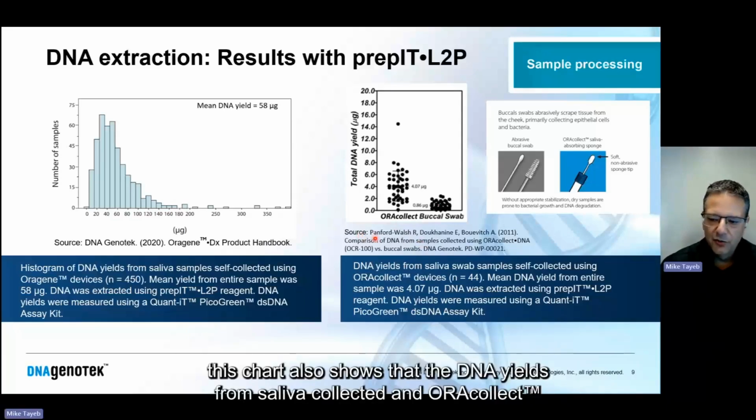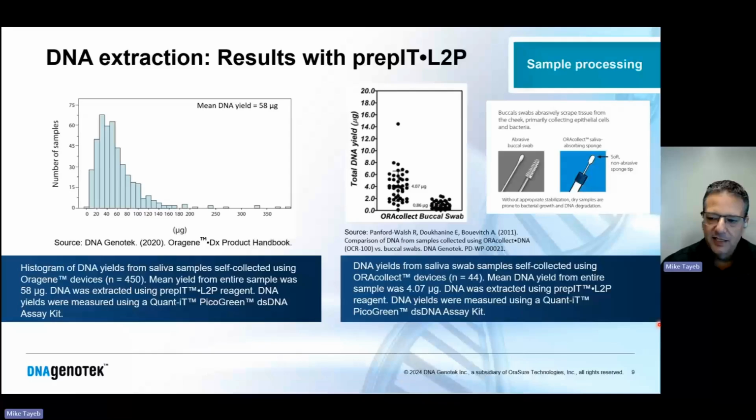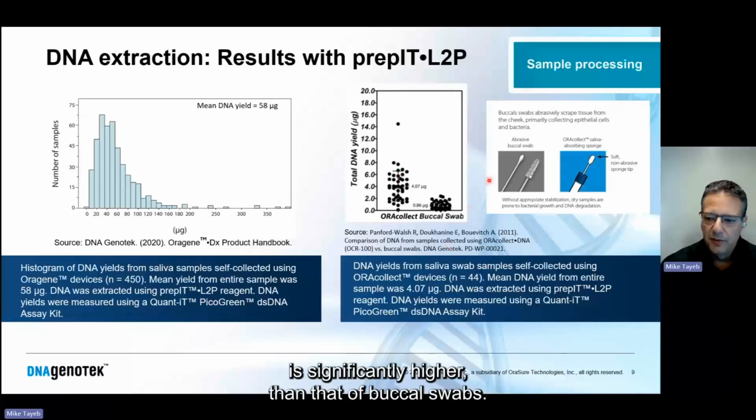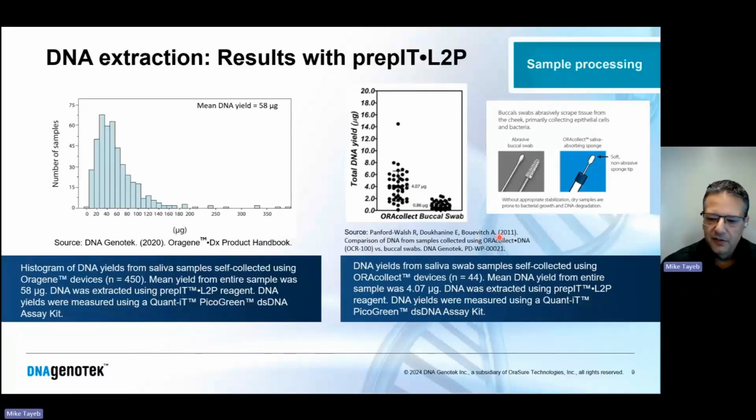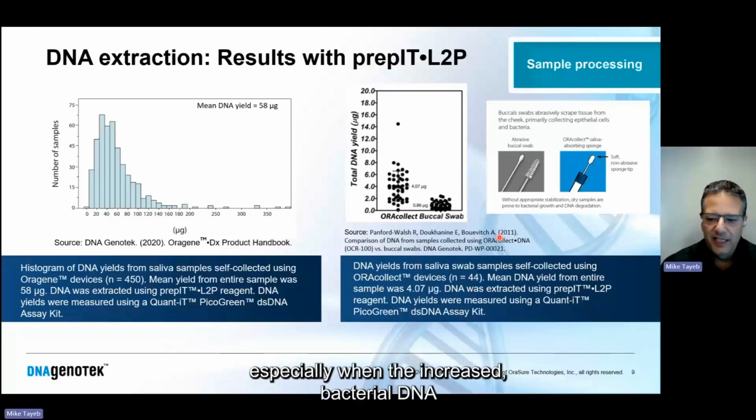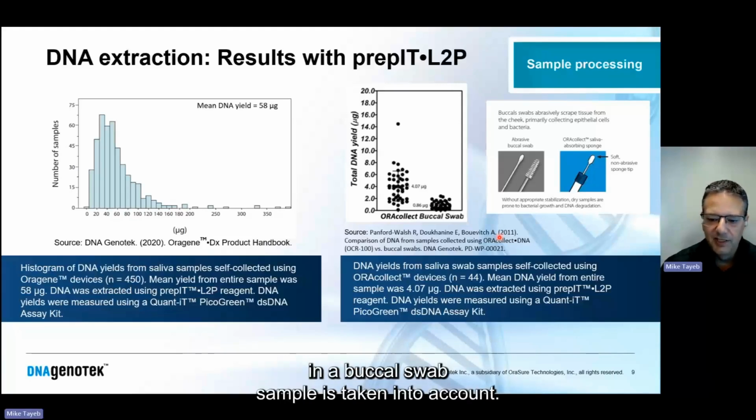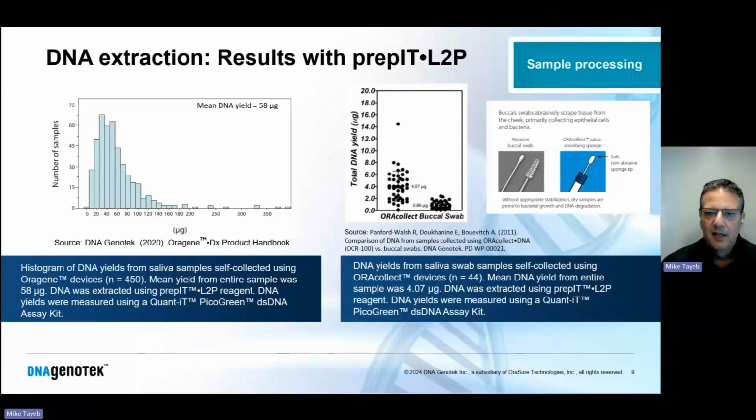This chart also shows that the DNA yields from saliva collected in OraCollect is significantly higher than that of buccal swabs. The yields from buccal samples are often too low for some assays, especially when the increased bacterial DNA in a buccal swab sample is taken into account.